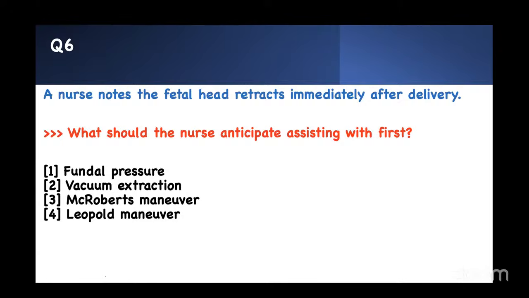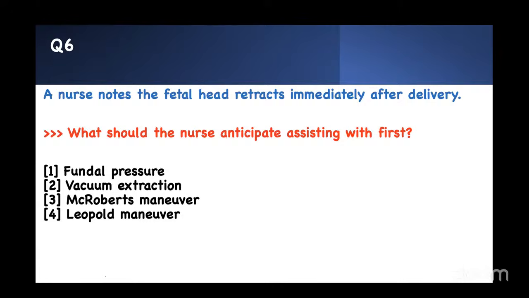What do you do? Do you do fundal pressure? Do you use vacuum extraction? Do you do the McRoberts maneuver or Leopold maneuver? What do you think in the management of a patient with shoulder dystocia? I can tell you, number one is a trap. Fundal pressure is always wrong when you see shoulder dystocia. It's a wrong answer. When you apply fundal pressure, you're going to kill the baby.